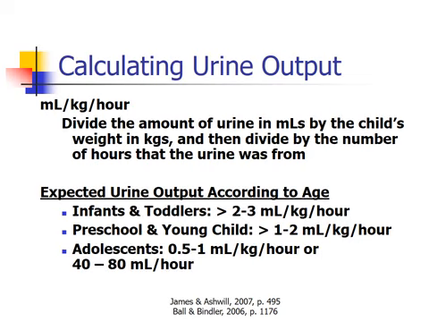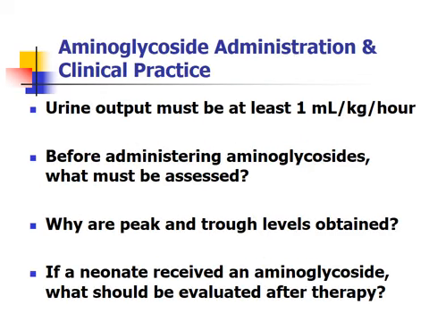Also, if you're hanging potassium, you want to make sure that they have really good urine output. So again, you can be looking at calculating urine output, or looking at urine specific gravity, as we talked about in the earlier slide. For aminoglycoside administration, you want the urine output to be at least 1 ml per kg per hour.